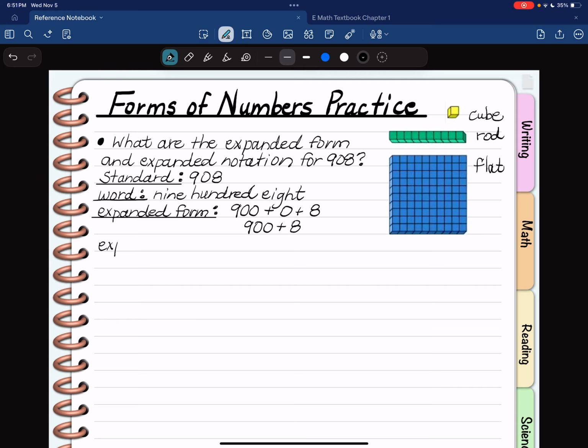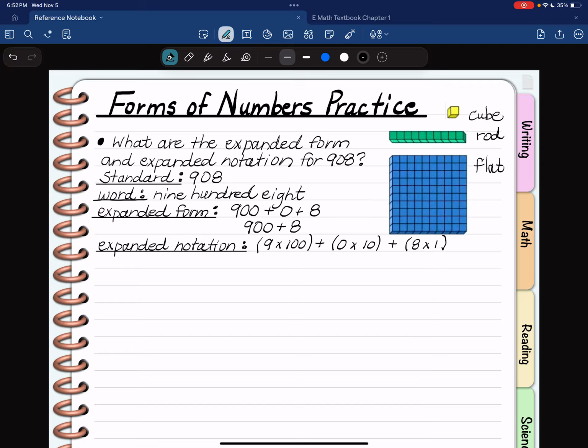Expanded notation. This is new, but don't let it throw you. We're going to practice quite a bit. And if you don't get enough practice from me, you can absolutely ask your instructor for a little bit more. So this one is going to be 9 times 100 plus 0 times 10 plus 8 times 1.